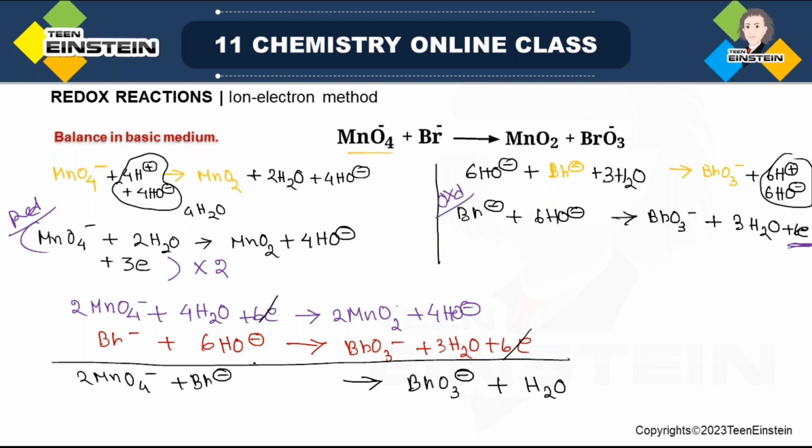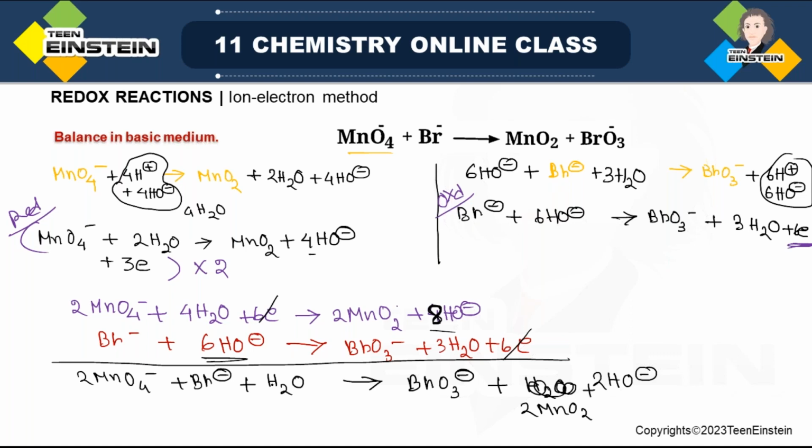Sorry, this side. It is 8 because here it is 4. So 8 HO minus, 6 HO minus. This is 6, this is 8. So this is the final balanced equation.